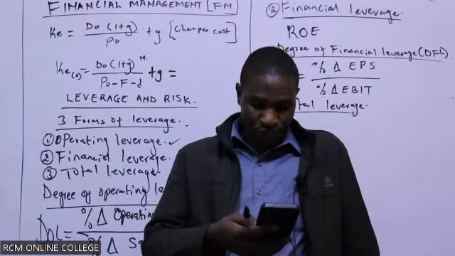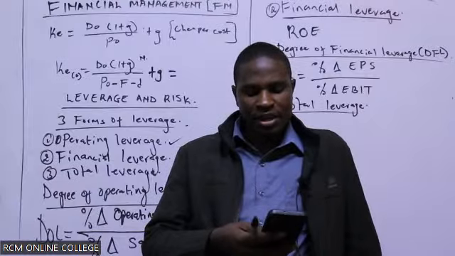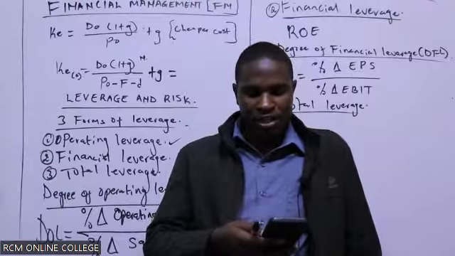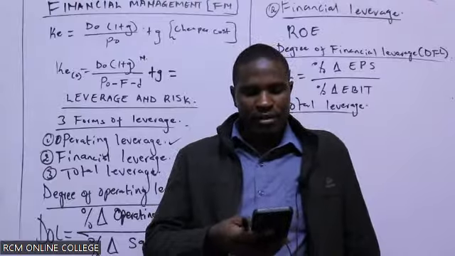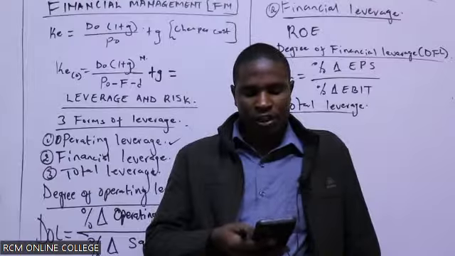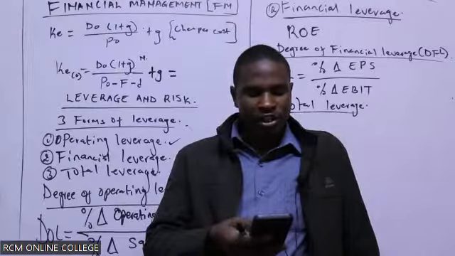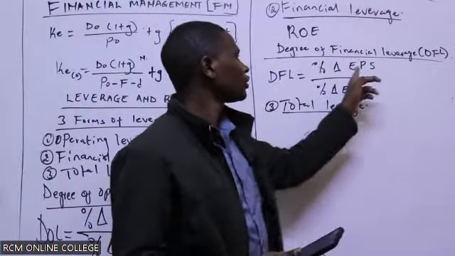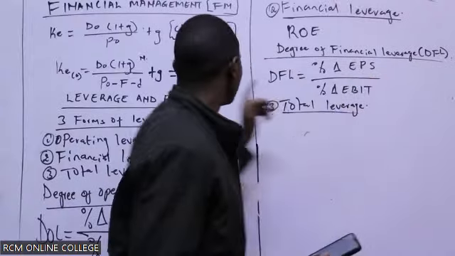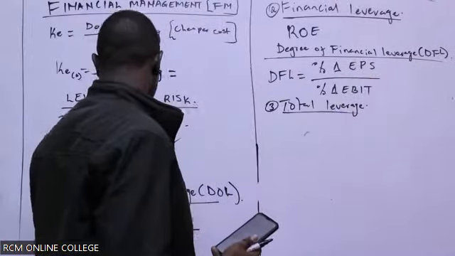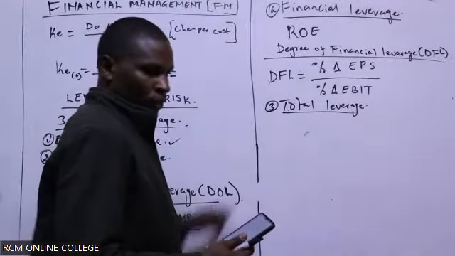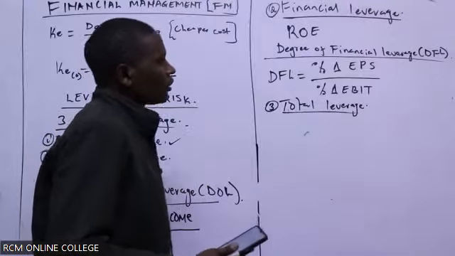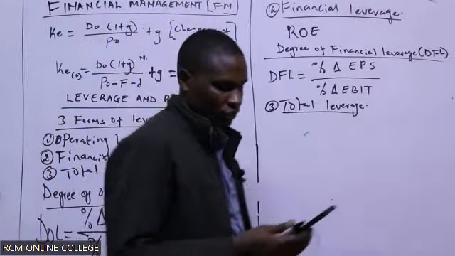Full stop. If you wish, you can continue and say it measures the sensitivity of earning per share to changes in what? In sales. Sales were obtained here, so it tries to combine.